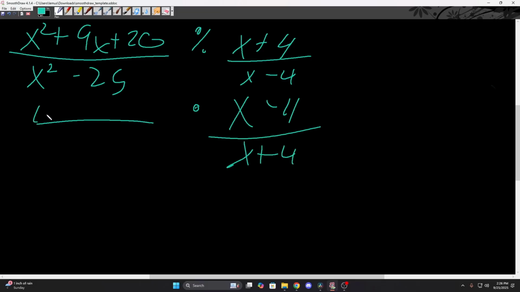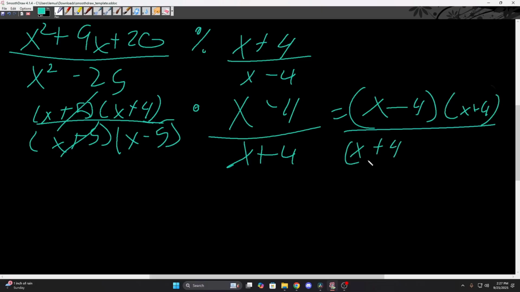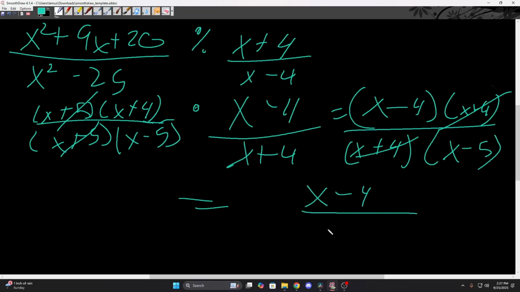And then here, common factor would be x plus 5 and x plus 4. And then here's x plus 5, x minus 5. Here you break this down, and then now you do x minus 4, x plus 4, x plus 4. These two cancel each other out, and then x minus 5. Your final answer should be x minus 4 divided by x minus 5.